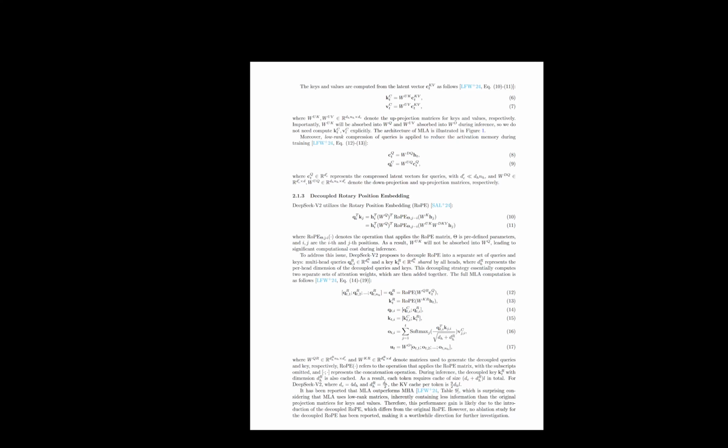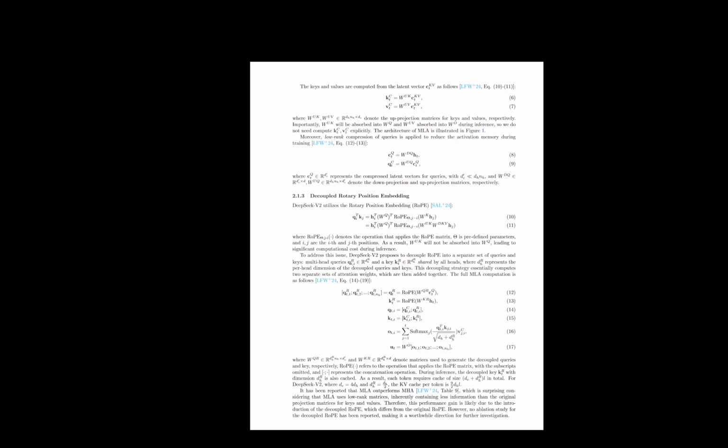o_t,i = Σ_{j=1}^t Softmax_j(q_t,i^T k_j,i / √(d_h + d_h^R)) v^C_j,i (16), u_t = W^O [o_t,1; o_t,2; ...; o_t,n_h] (17), where W^QR ∈ R^(d_h^R·n_h×d_c') and W^KR ∈ R^(d_h^R×d) denote matrices used to generate the decoupled queries and key, respectively. RoPE(·) refers to the operation that applies the RoPE matrix, and [·;·] represents the concatenation operation.